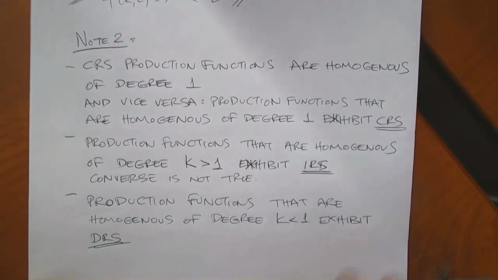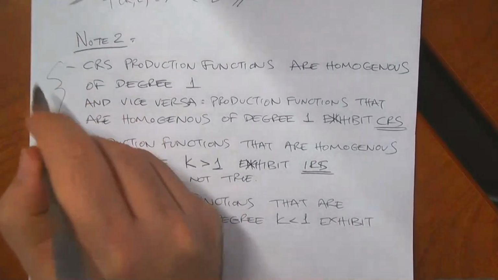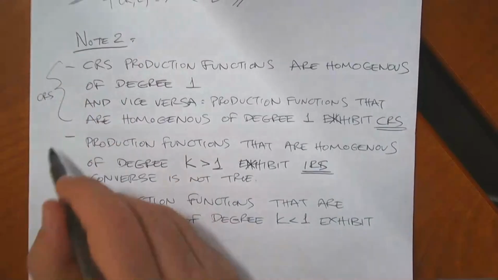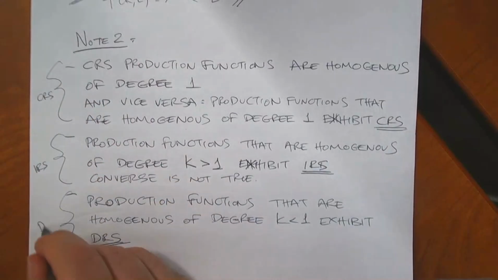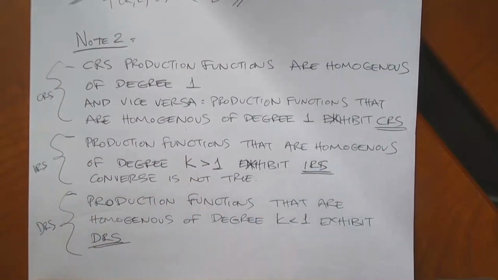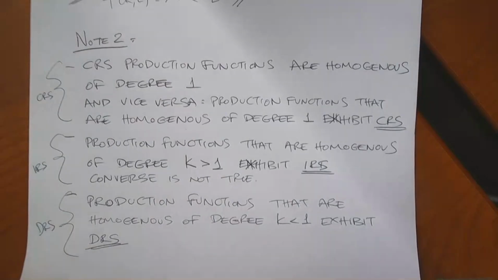So you had the discussion for constant, increasing and decreasing returns to scale. When you say the converse is not true, you mean production functions that exhibit increasing returns to scale are not necessarily homogeneous of degree k greater than 1.